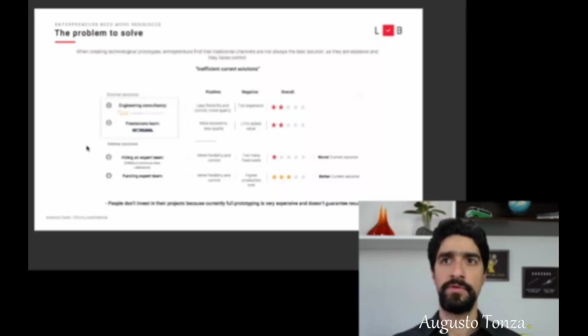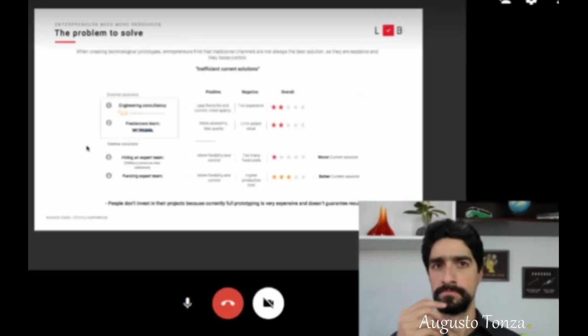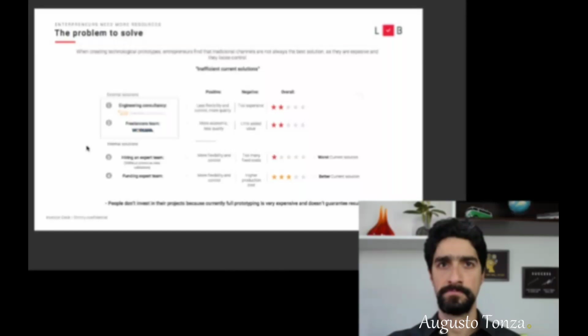All right. So the problem that we're solving is that our CEO, Alejandro, who I know you're in contact with, has worked previously in traditional consultancies, and he saw that if I have an idea and I go to a traditional consultancy, first, they're going to be very expensive, and secondly, because my project is smaller, they've got bigger projects, and they're going to take ages to work on my project.